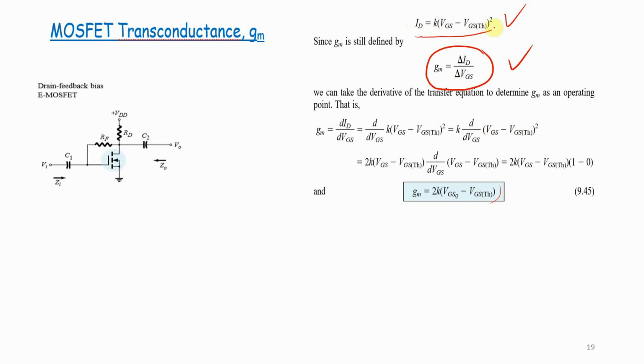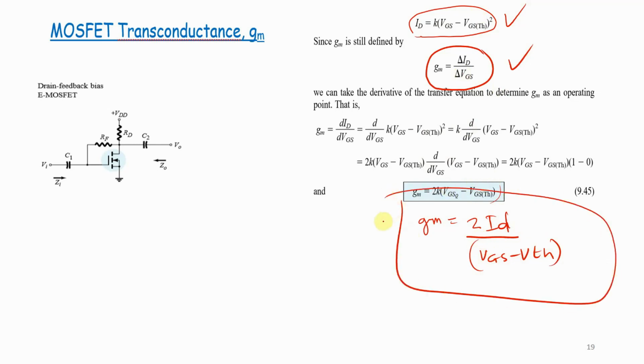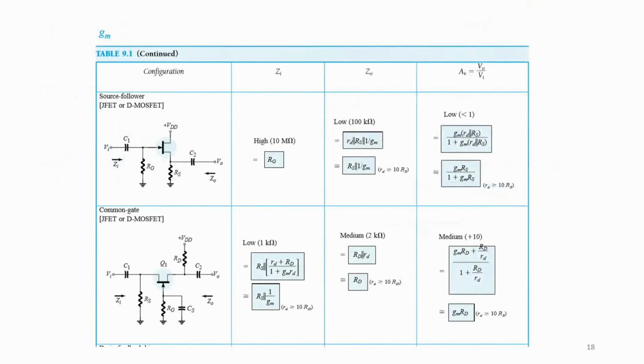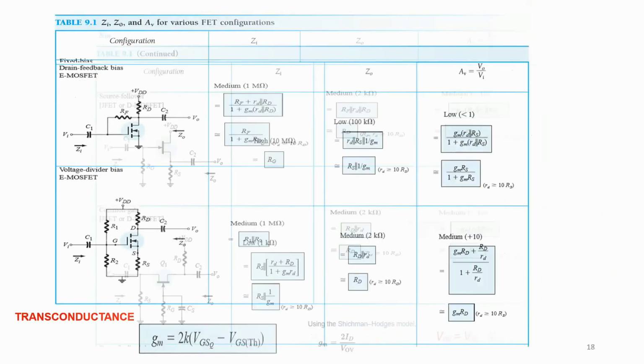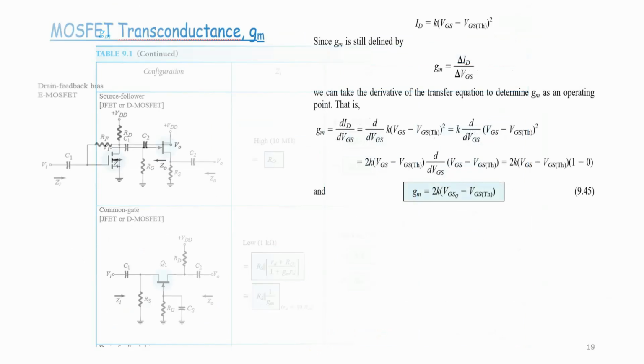This ID here will equal K (VGS minus VGS(th)) squared. So gm is equal to 2ID, but this is squared here and this one is not squared, so we will divide this with (VGS minus VTH), right? And this is the equation that we showed a while ago. This is the similar equation.